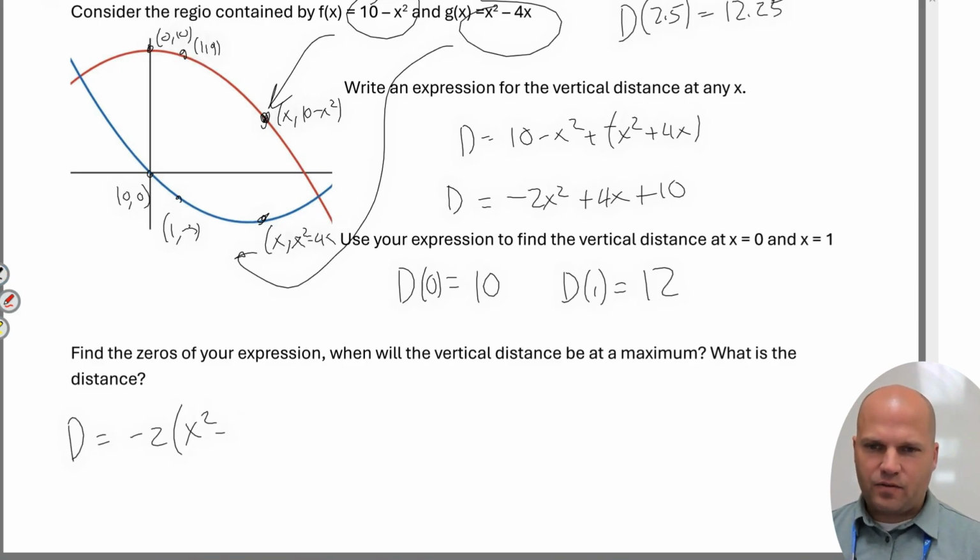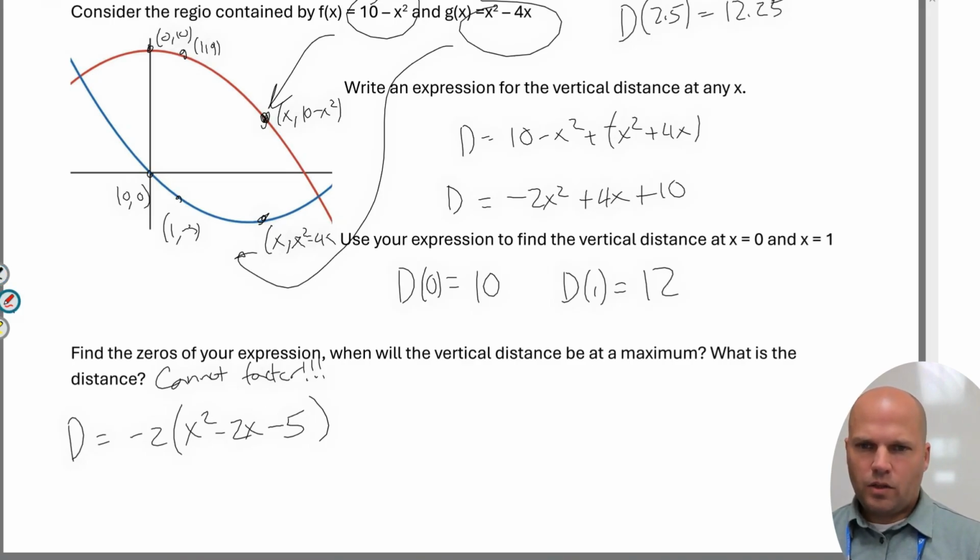I'm going to factor out a negative 2, and things get complicated. We cannot factor. There are no two numbers that multiply to get this and add to get this.